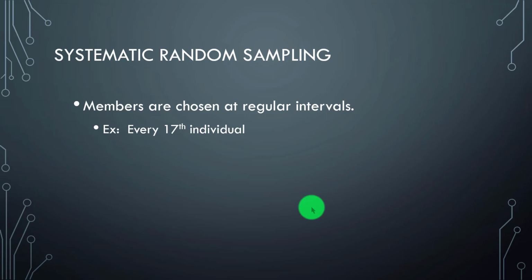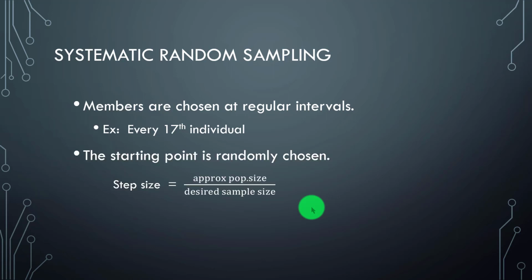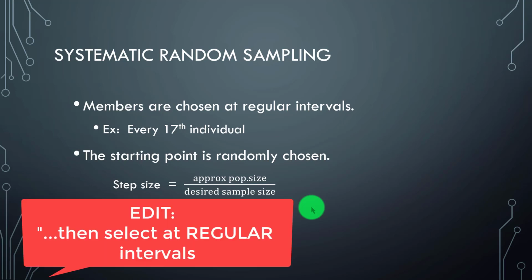Now, at first, that may not seem super random, but the place that randomness is inserted is where the starting point is. So if you've got a population, you wouldn't just want to start with a convenient location. You'd actually want to have a randomly chosen first individual and then select at regular intervals.